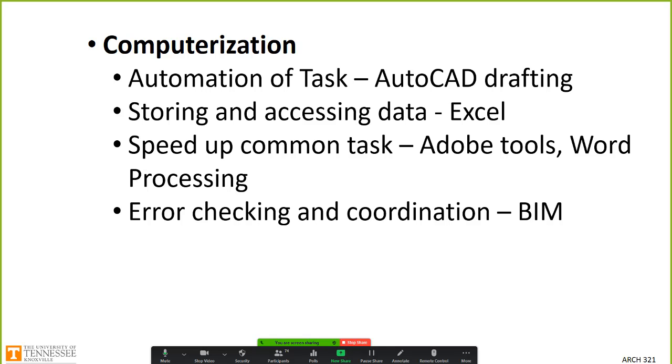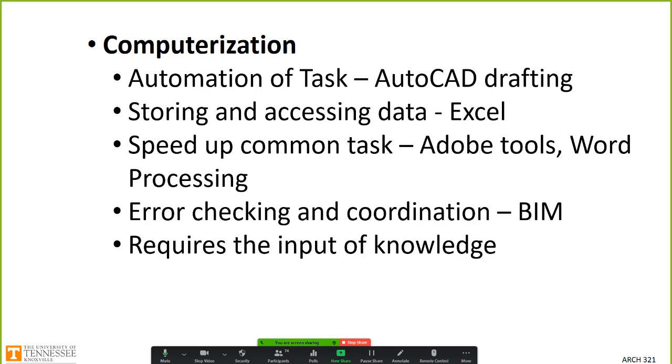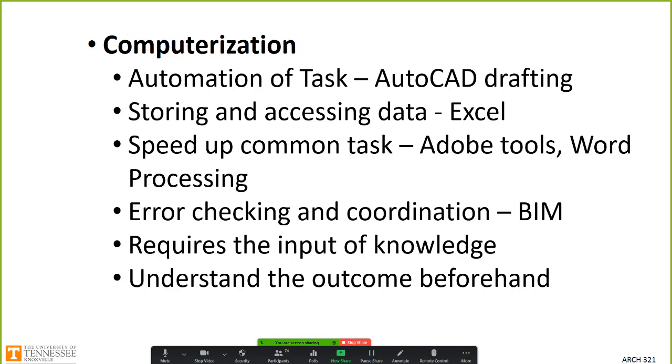These processes that we use computers for, computerization, all require the input of knowledge. They require that you know what's going on, that you have the information that you're feeding to the computer, and the computer helps you with that. And it also requires you understand the outcome beforehand.